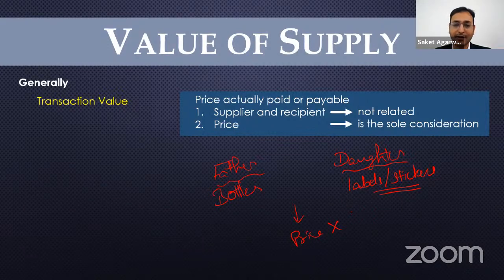I will not let you compute 18% GST on the price which you have mentioned on the invoice. I will give you a different value. That value will be treated as the value of supply or the taxable value, and I want GST on that particular amount and not the price mentioned on your invoice.